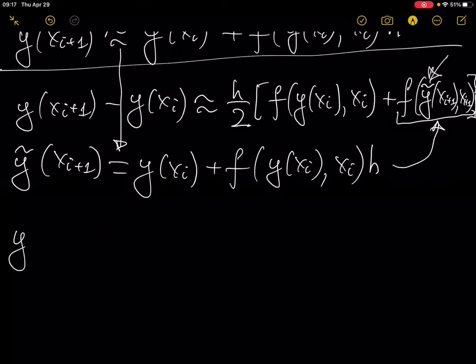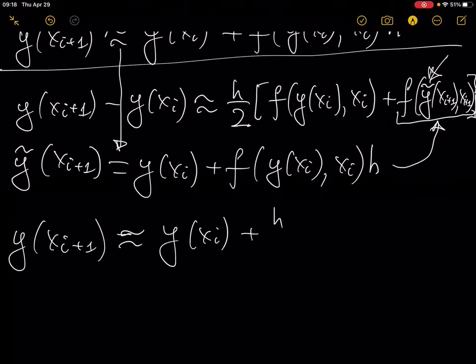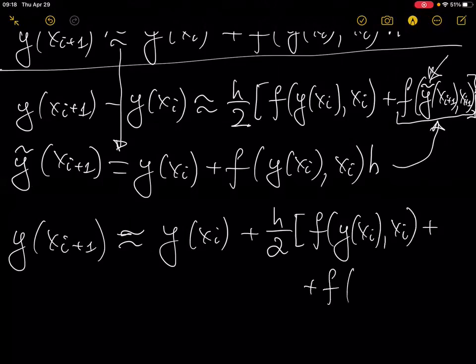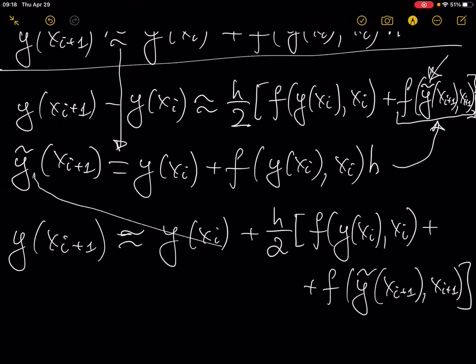So y at x i plus 1 is approximated by y at x i plus h divided by 2, where this is computed using this formula. And this is because we know that numerical integration has higher order and, in most cases, lower error, right? So this is how we get it.